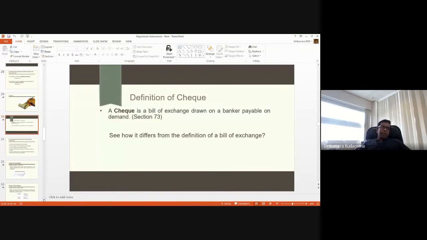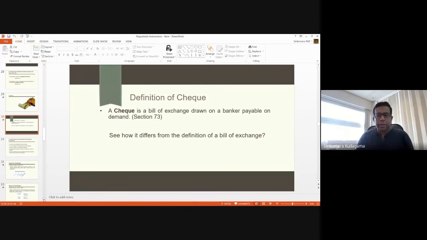When you compare this with the definition of a negotiable instrument that we discussed earlier, which we broke into 6 different components, you must be seeing some relationship.